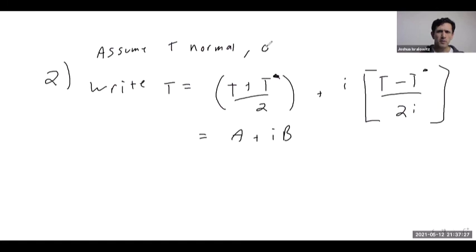A plus I B. Okay, so you can check, I mean, there's nothing to check here, that these are compact self-adjoint, A and B.